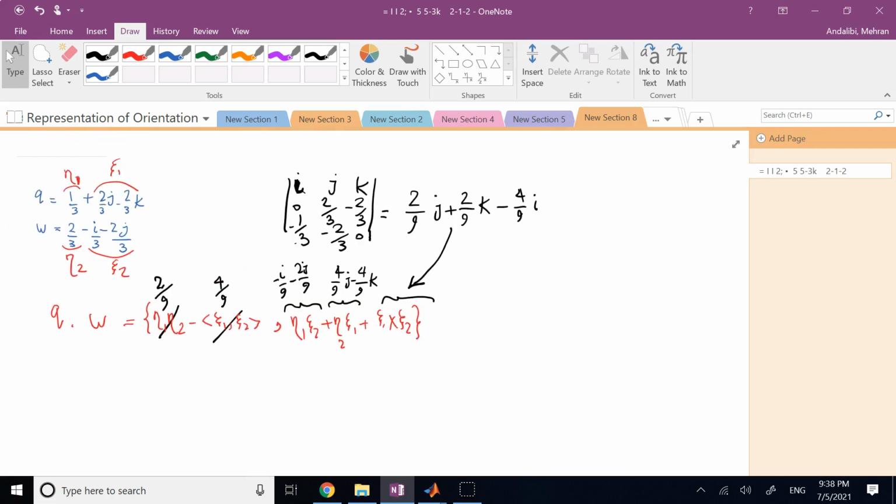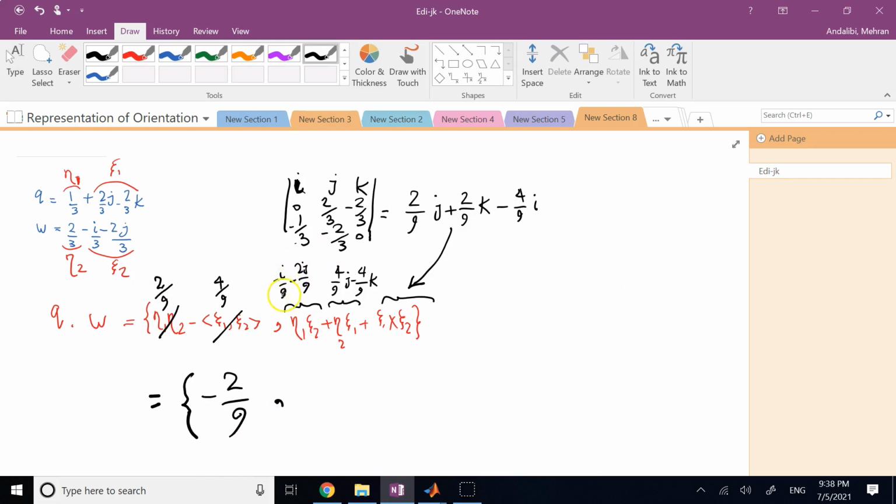Okay, so if you simplify, the result is going to be what? The real part is 2 over 9 minus 4 over 9, so it's negative 2 over 9. That's the real part, and then the imaginary part is now what?